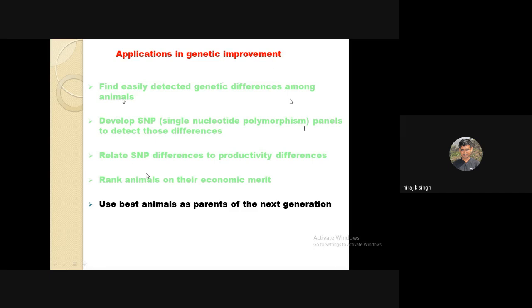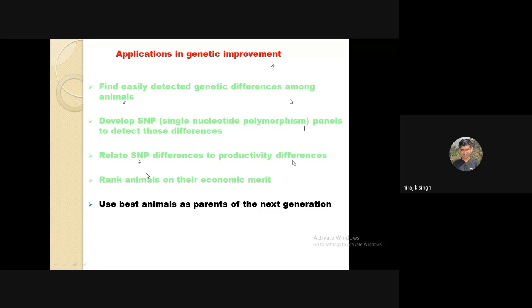So first of all, again I am repeating, for genetic improvement, what we have to do is characterize the different genetic variations among the populations. These genetic variations are known as SNPs. We have to correlate SNPs with the production differences.